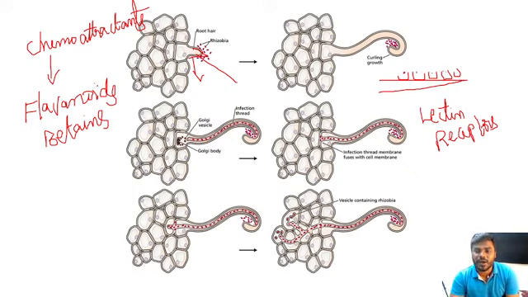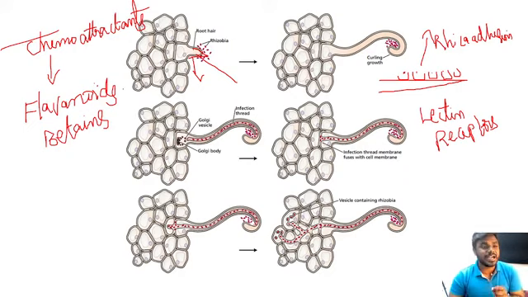Everyone listen to me carefully. The attachment of bacteria to the receptors of the root hair, we call this process Rhicadhesion. For your understanding, I am repeating.